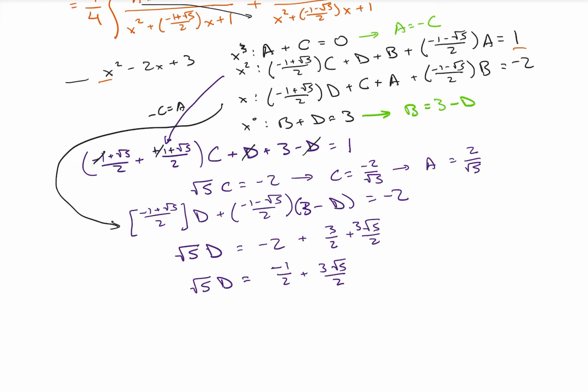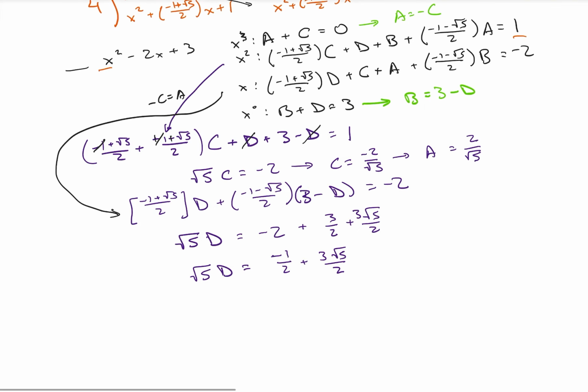And if I divide by root 5, I'm going to end up getting d is equal to negative 1 plus 3 root 5 over 2 root 5.